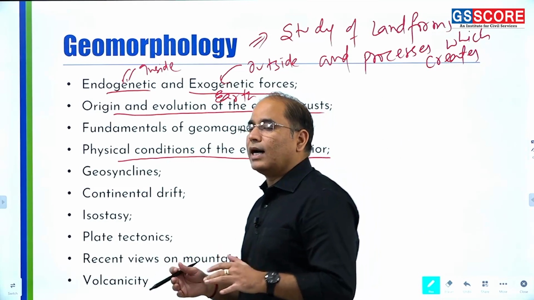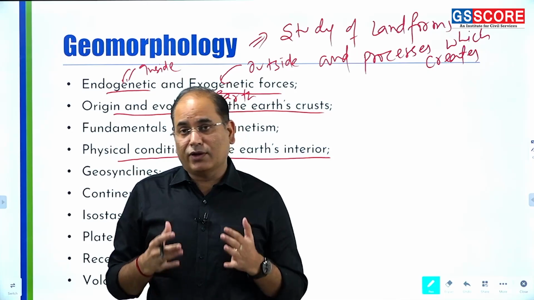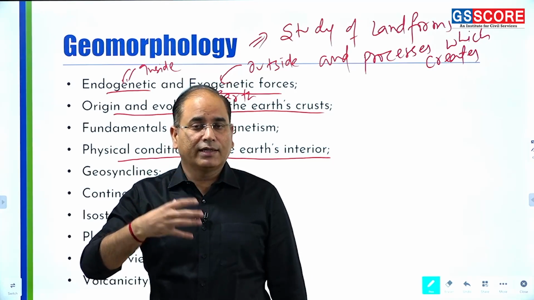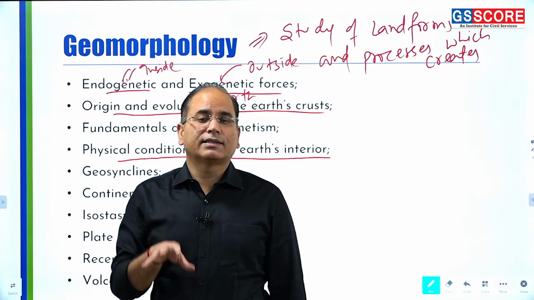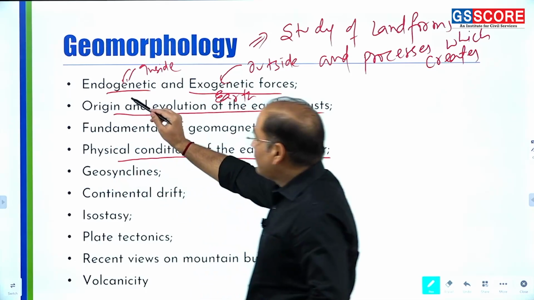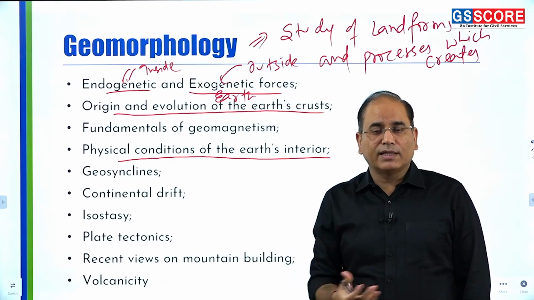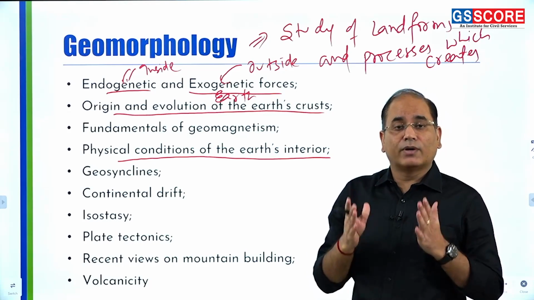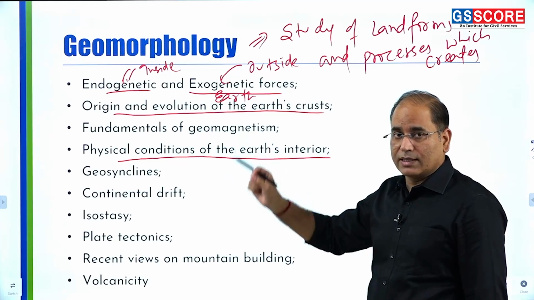Once you have got the idea of how the earth came into existence, now you need to know how the earth looks, what the different layers within the earth are. Again, what lies inside the earth is not the subject matter of geography, but because landforms develop through endogenic forces and endogenic forces come from the inside, we need some basic understanding of what lies inside. So, in this topic you are supposed to study what lies inside.